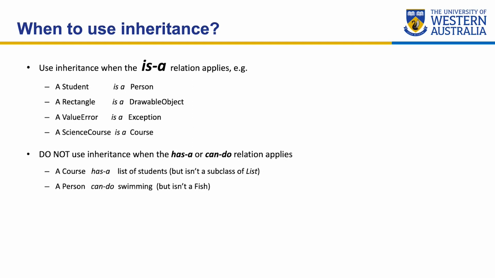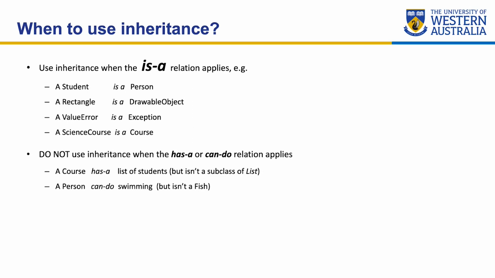So you use inheritance when you have the is-a relationship. So for example, a student is a person. A rectangle is a drawable object. Okay? A value error is an exception. Right? A science course is a course.